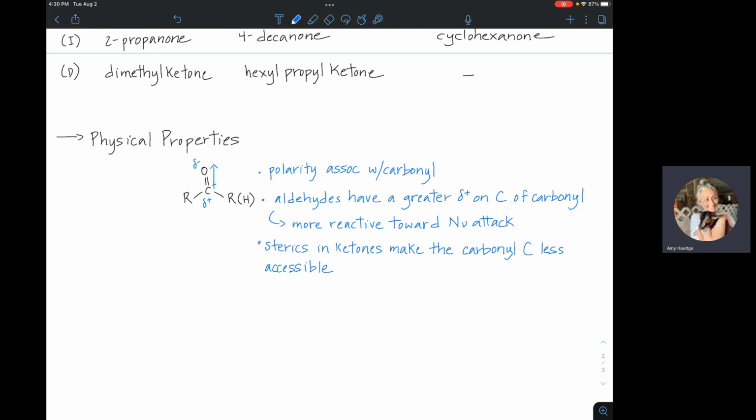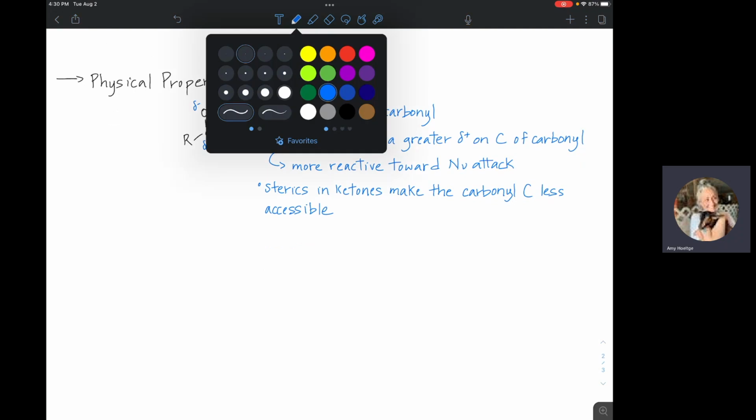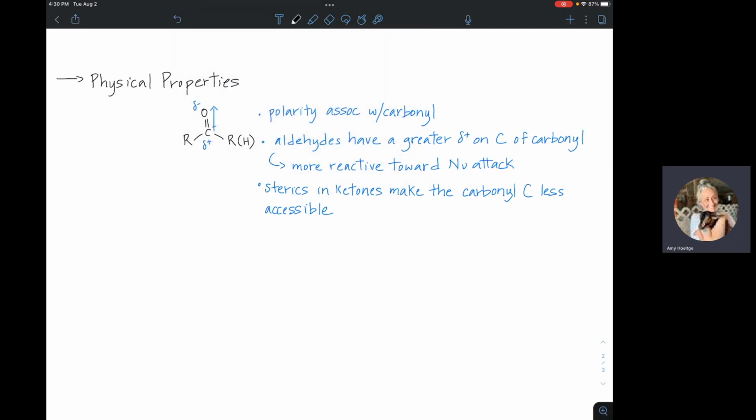If I have two tert-butyl groups on either side of that carbonyl, even though it's sp2 hybridized, compare that to on one side you just have a hydrogen. It's easier to get at that carbon when there's less in the way. So if you wanted to make a little list in terms of reactivity between aldehydes and ketones, we could take the smallest aldehyde we have, which is just one carbon. This is formaldehyde.